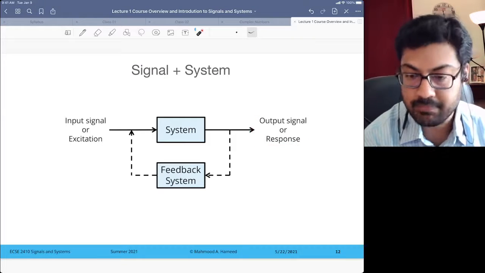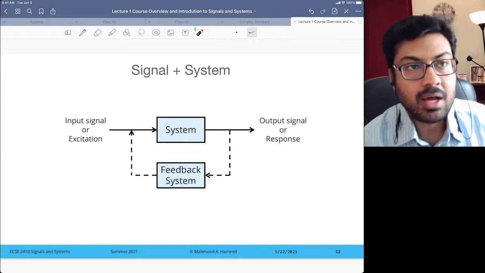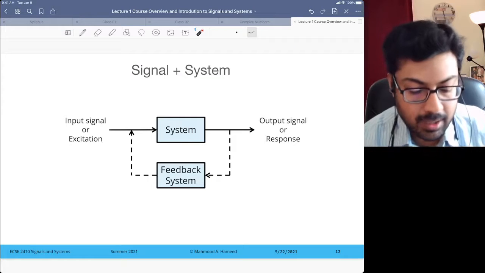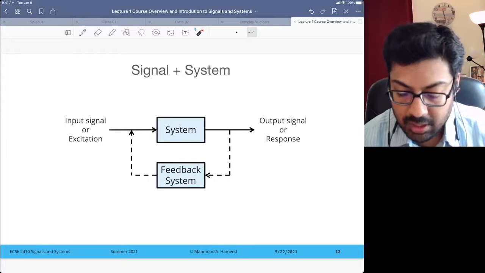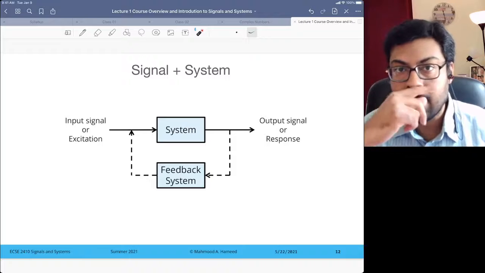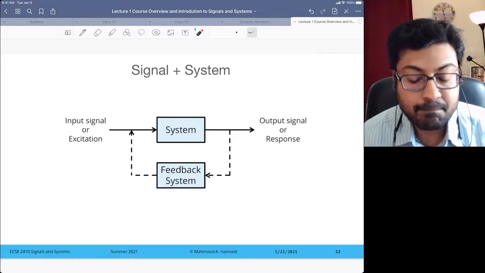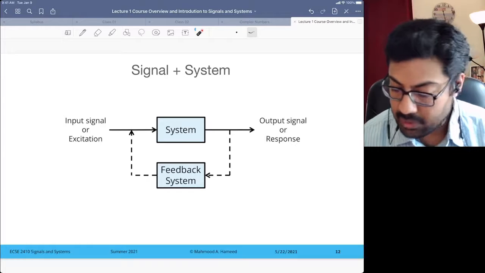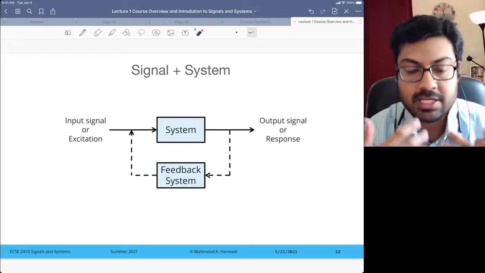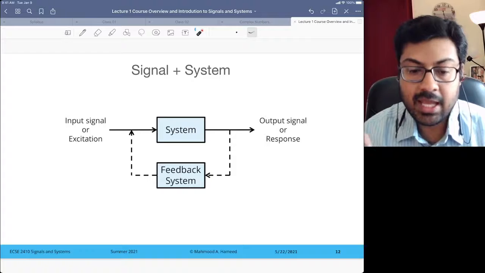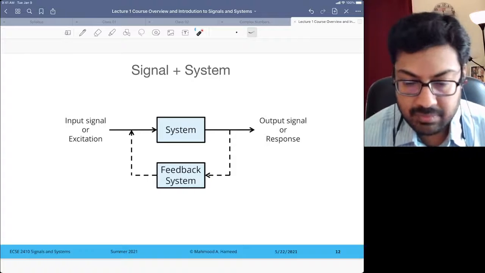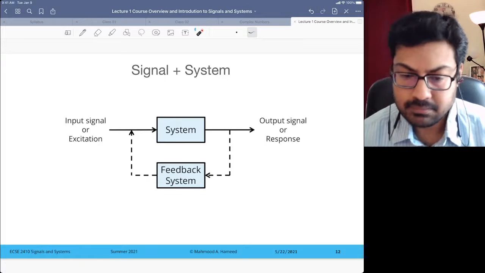Now, another thing that you can think about when you think about a system with feedback is if you have seen a public audience, right? Suppose there is a mic and there are some speakers in an auditorium.